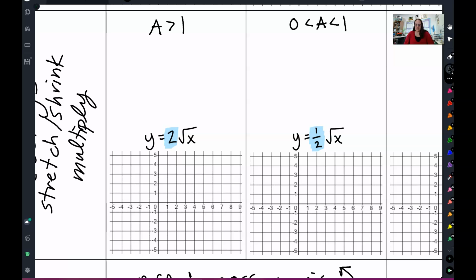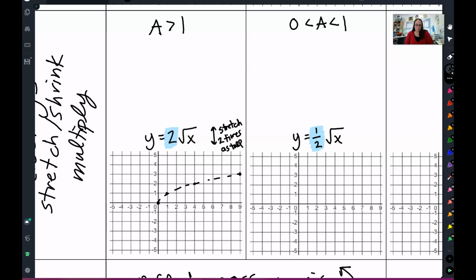So, if I am multiplying by 2, let's start with my parent graph in dashed form so I can compare what's going on here. This 2 is outside, which means it is still going to be doing something up and down. So what it's doing is stretching the graph up and down 2 times as tall. And this is compared to the origin.